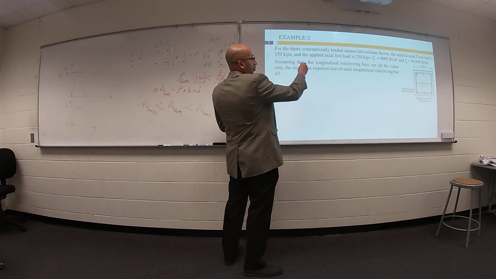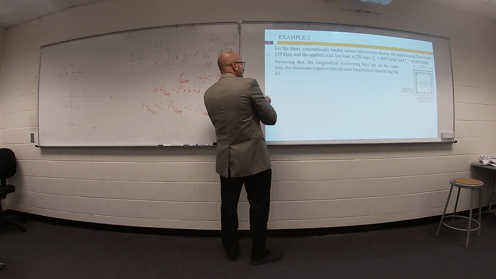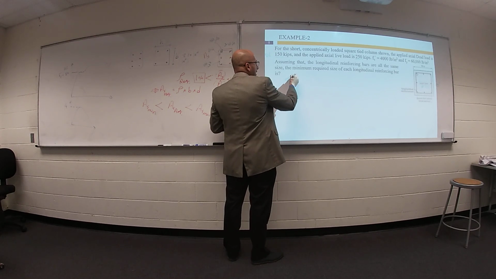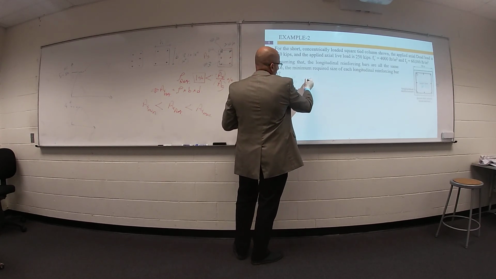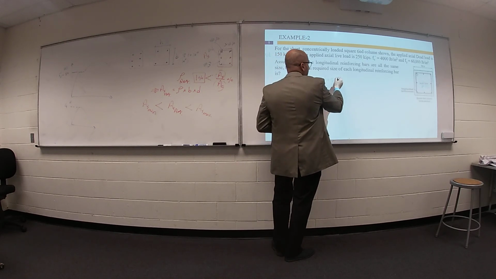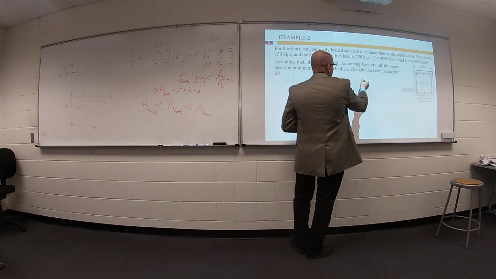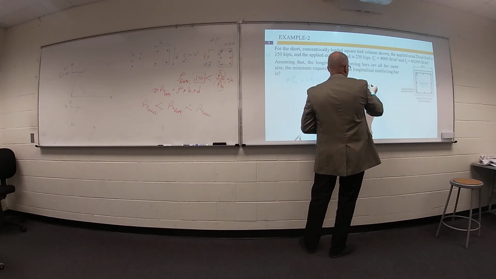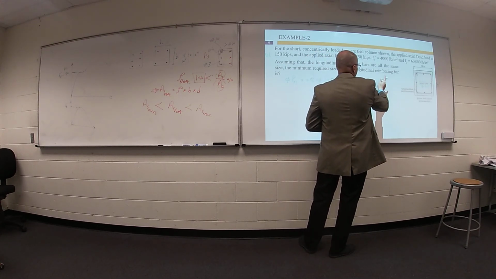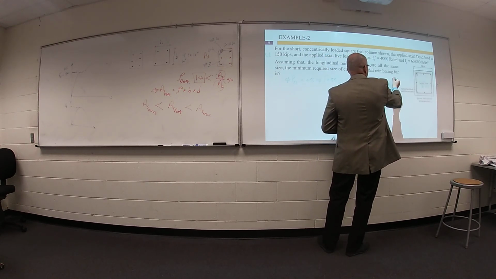Short column, yes. Tied column, yes. Your design equation: phi Pn equals 0.8 phi times 0.85 f'c times (area gross minus area steel) plus F yield times area steel.